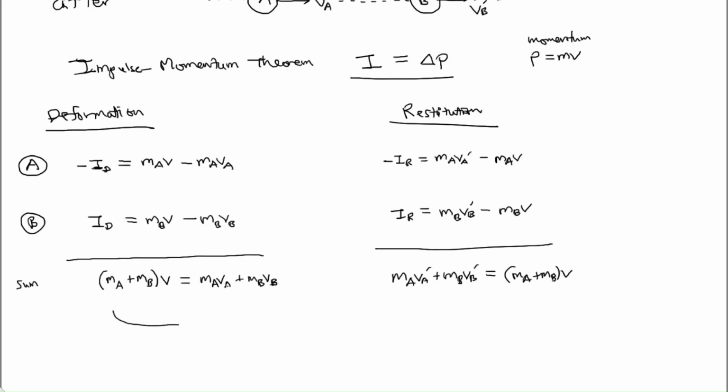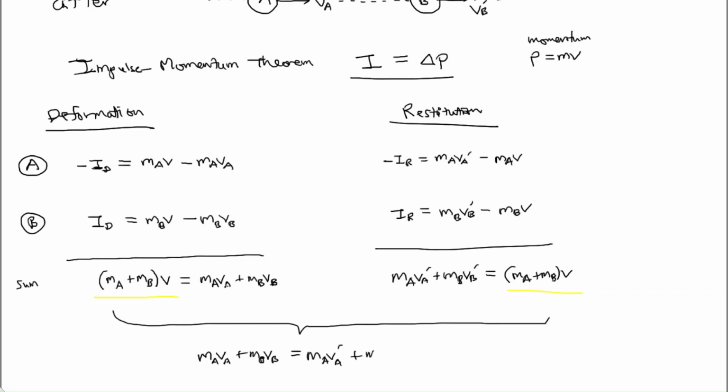Now what I can do is combine these. You'll notice that these two members of those equations are equal, so I can eliminate them from each side of those equations, equating the remaining two. And we get basically conservation of momentum for the entire collision.